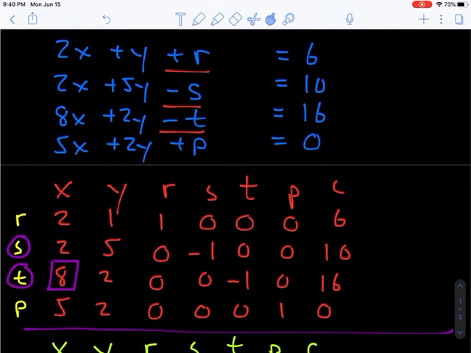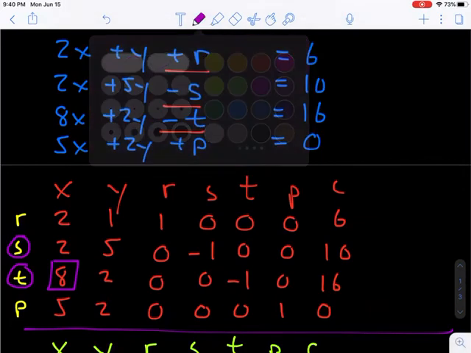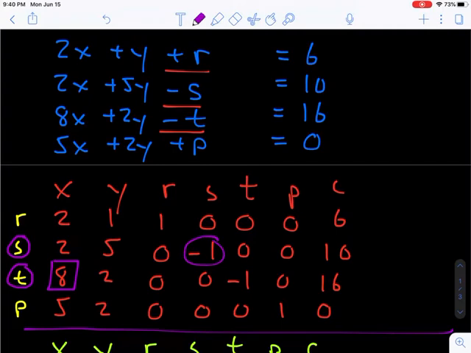So once we have our system of equations, we create our initial table from that. And so we have an x column. And so in the x column, we fill in the coefficients from our equations. The y column, r, s, t, p, and c. Now, it's real important to make sure that you don't forget that this is negative and this is negative. And so once we have our table, we have to determine which of the active variables are negative.